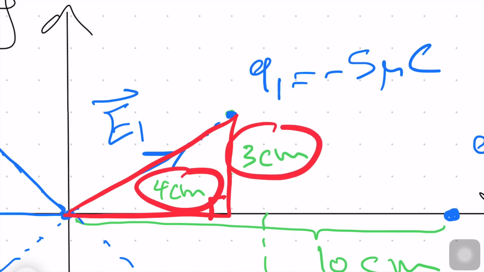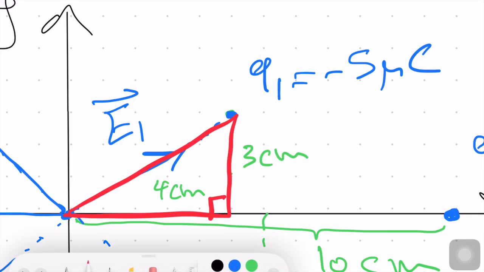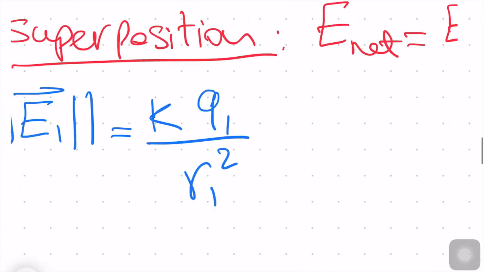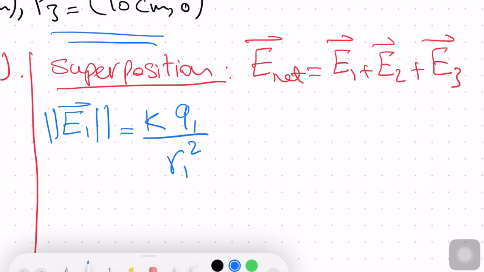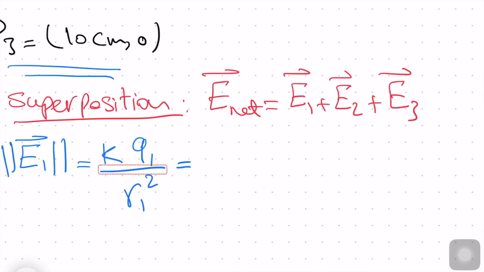R1 is the hypotenuse, which you use the Pythagorean theorem to find. So then R1 is just 5 centimeters basically, but I'll write it down.